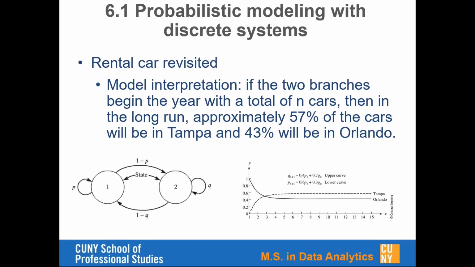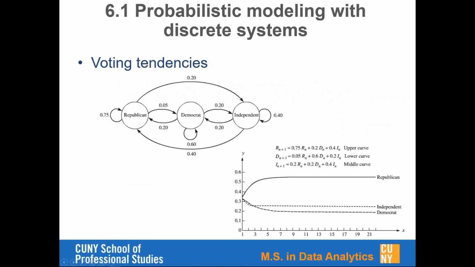Now look at a different example, the voting tendencies. We can model this problem as a Republican voting Republican again with 0.75 probability, and a Republican potentially voting Independent with 0.2 probability, etc. As you can see here, all the ones that go out from Republican should add up to 1.